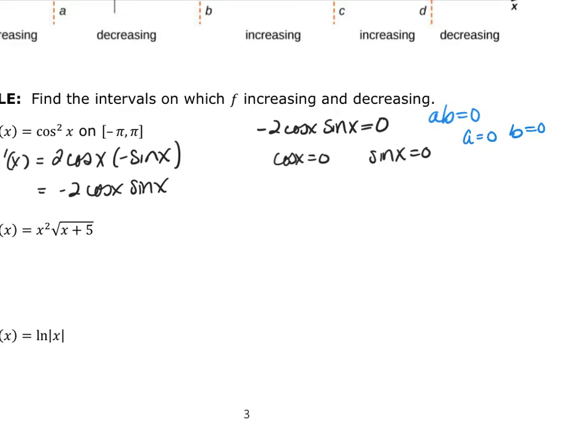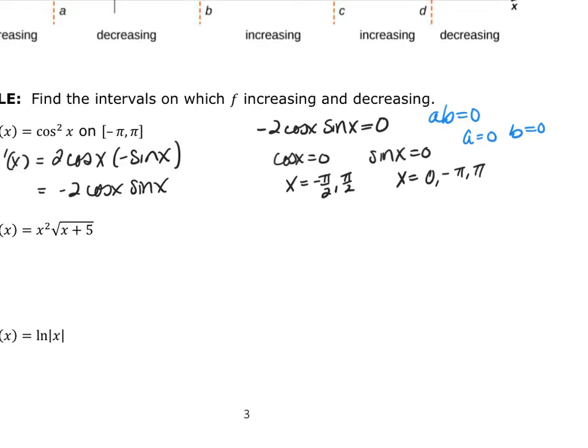Pi over 2. Yep. Is that it? So negative pi over 2 and pi over 2. Where is sine x equal to 0? Pi? Negative pi, what else? 0. So I have 0, I have negative pi, and I have pi.